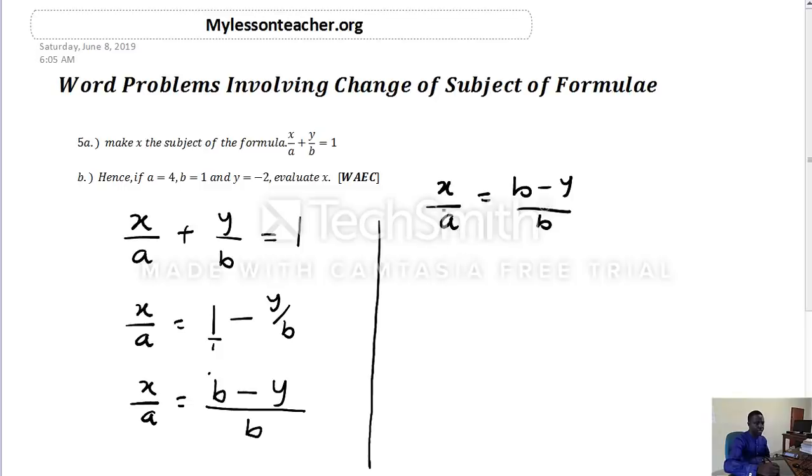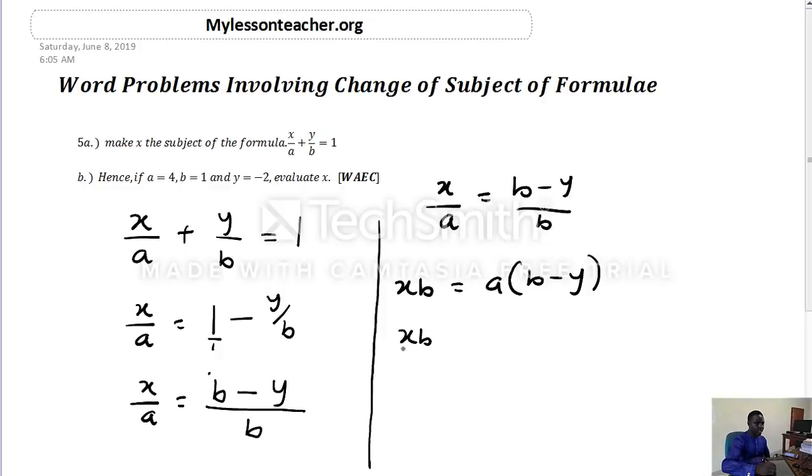So in clearing the fractions, I'm going to cross multiply. Okay, so this is going to give me xb is equal to a into bracket b minus y, and in making x the subject of the formula, I will divide both sides by b.